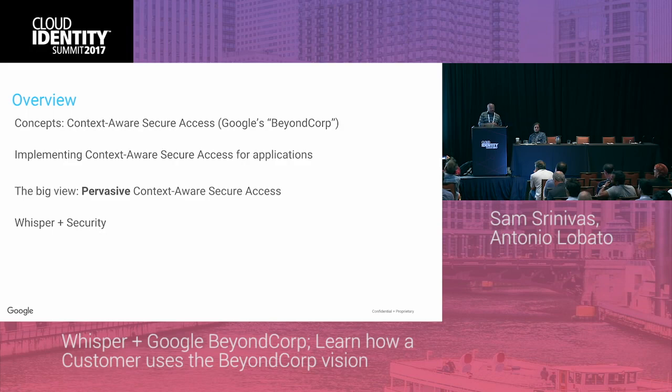And then I'll step back to a bigger view. You will see the initial part of the conversation is basically about deploying your web applications safely onto the internet, but there's a much bigger story than that. I'll step back to talk about how this is very fundamental to the way the world is going today. And then I'll hand it over to Antonio to talk about his experience.